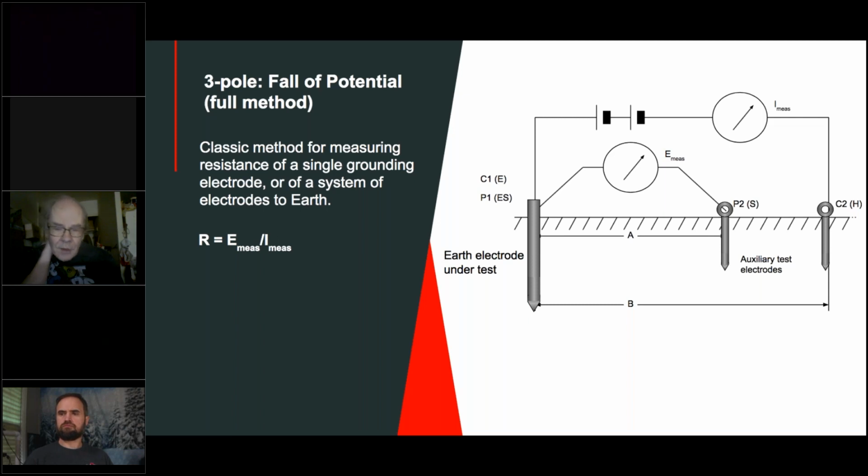Instead, typical testers give you a frequency of something like 128 hertz, because that's close to a power frequency, but not dead on it. The tester looks for 128 hertz and ignores everything else, and that's how you get a clean measurement out of a potentially noisy environment.